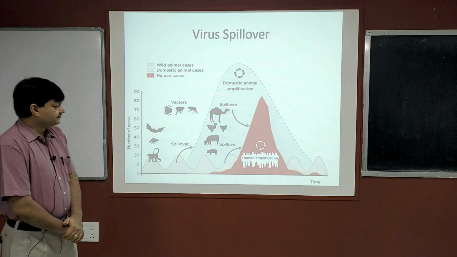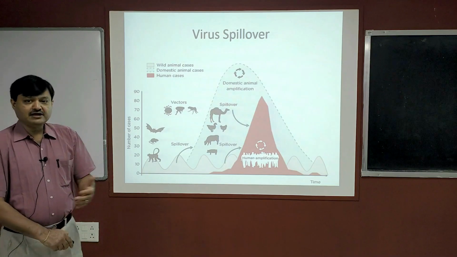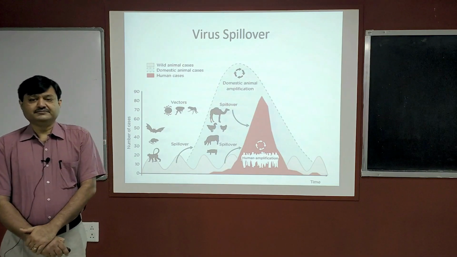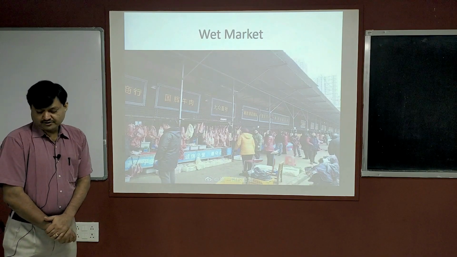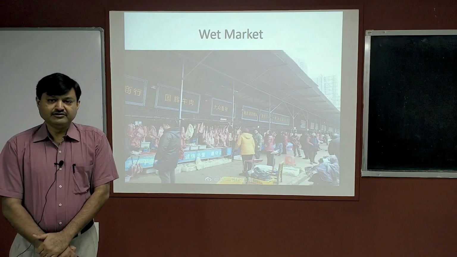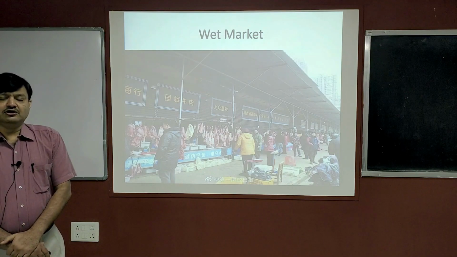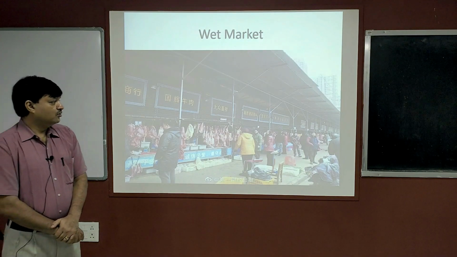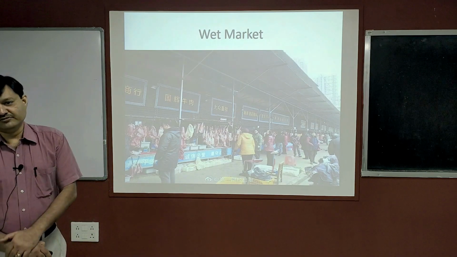And when human beings first encounter such a type of virus, it will lead to an epidemic or pandemic. And you can see such a type of food market, also called a wet market, where animal products are sold, plays a very pivotal role in spillover of such viruses from animals and birds to human beings.